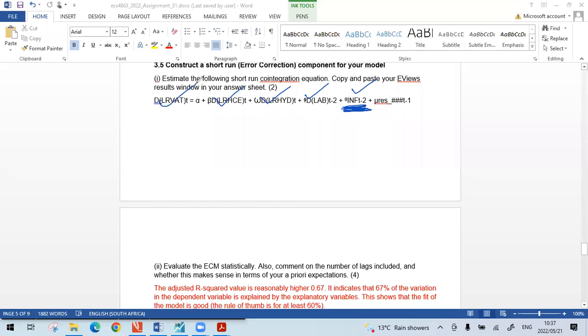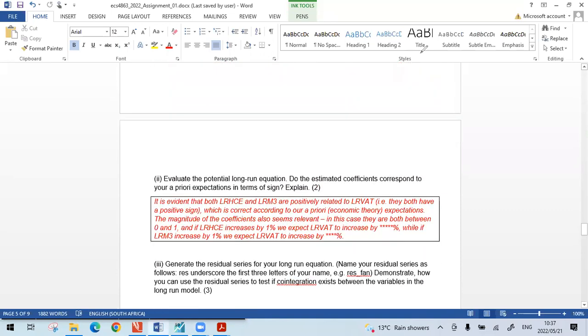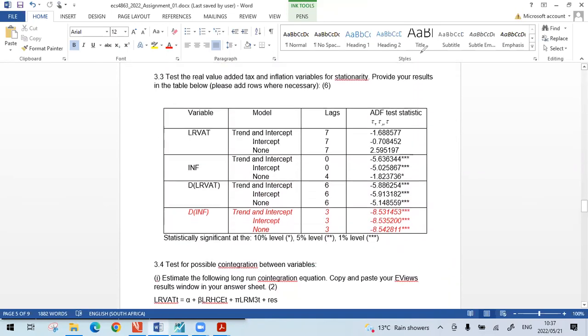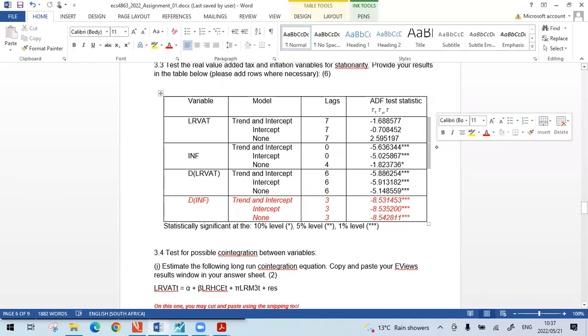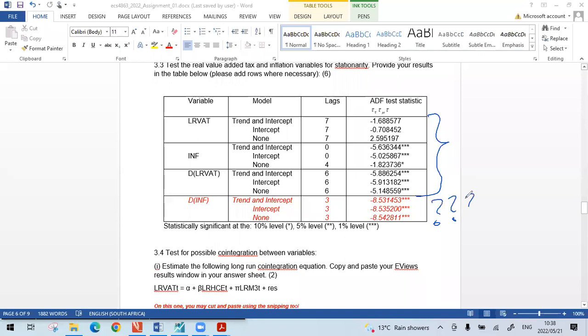So after going through your assignments over and over again, I think because of what I'm seeing here, going up there on your, when you are testing for stationarity, just end here. That's why this part I put it in red. Just end here.